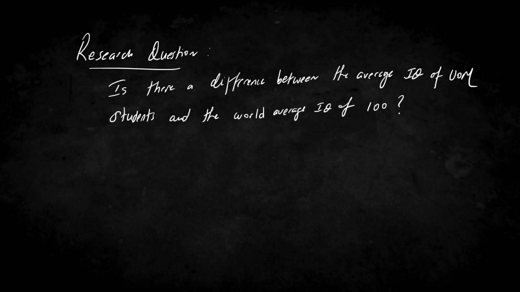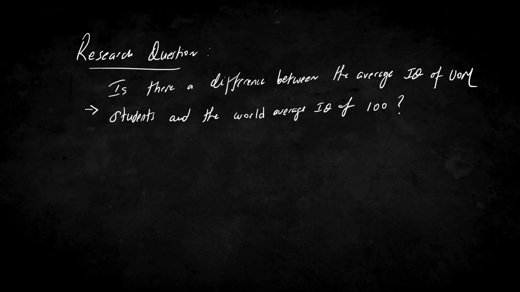So IQ tests are developed in such a way that the average always falls at 100. The score 100 is always 100. So let's say we just have a basic research question like this for the sake of our example.